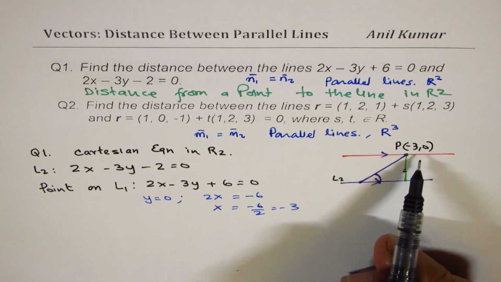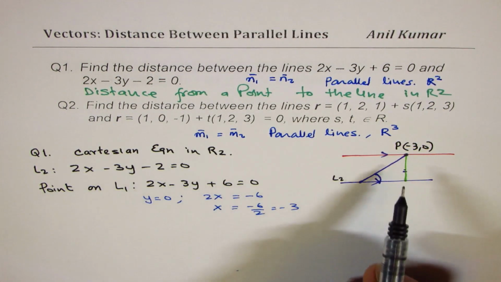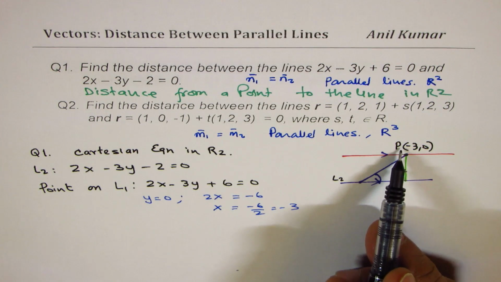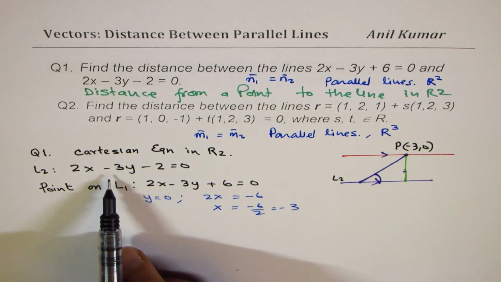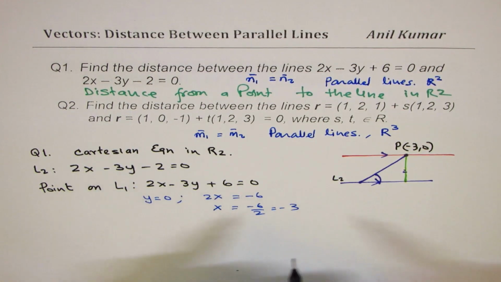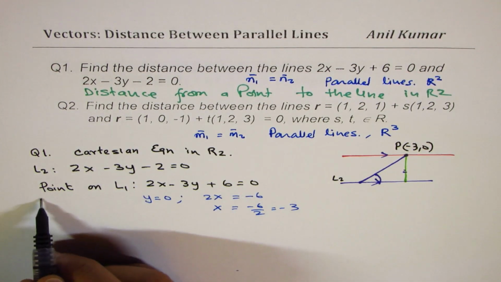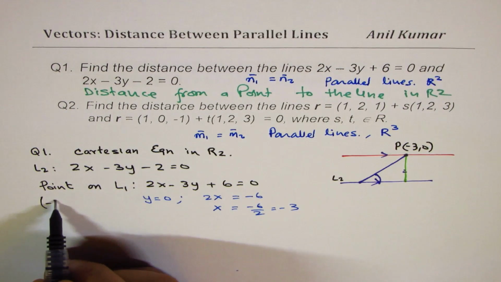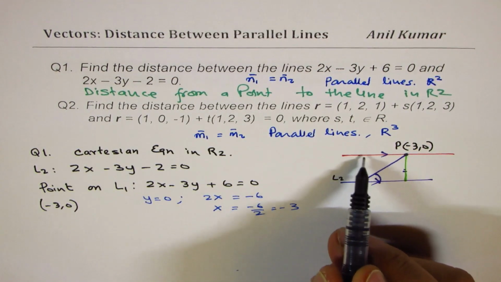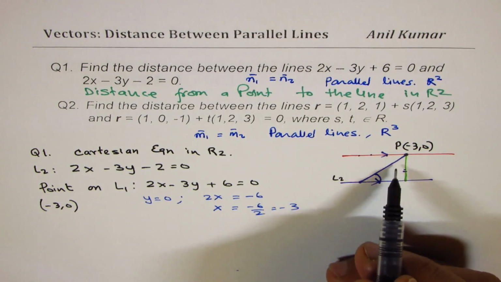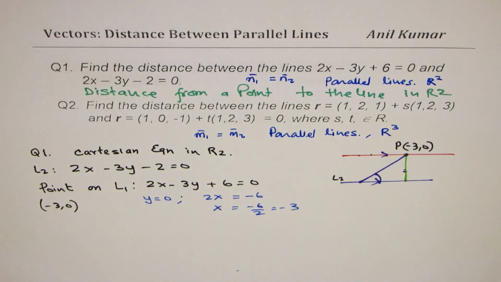So now we have a case where we are trying to find distance from a point (minus 3, 0) to a line L2 in Cartesian form. Since all these points are the same distance away, that gives you the distance between two parallel lines.